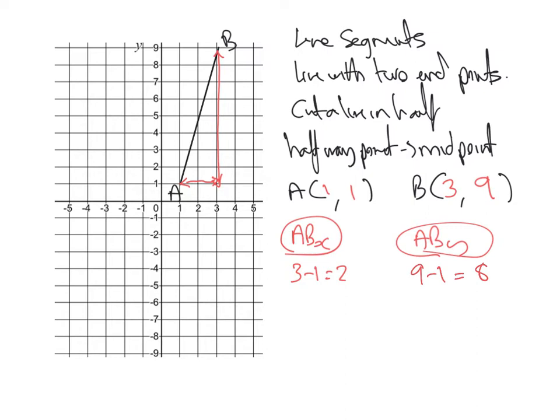So we're looking to work out where the midpoint is of these lengths. What's the midpoint of AB x? Well, AB x is 2. So halfway along 2, you just divide it by 2, don't we? So we have 2 divided by 2, so that's 1. And 8 divided by 2 for the y aspect is 4. So halfway along this line segment AB is 1 and 4 in the x and y aspects.